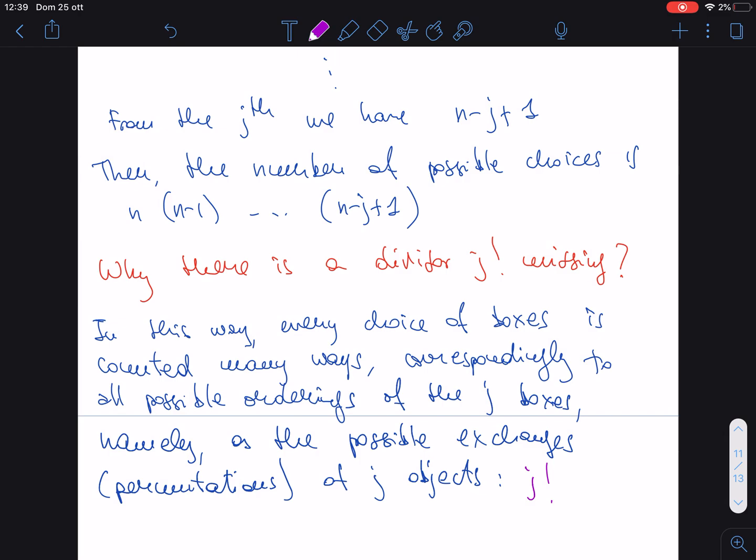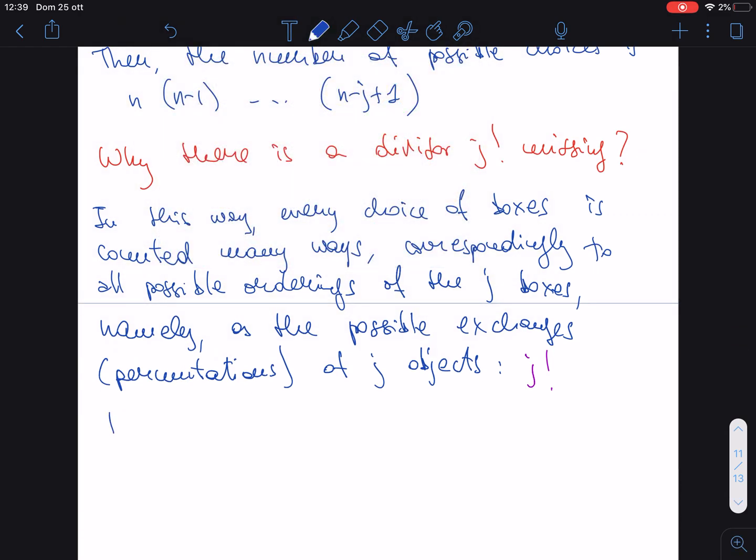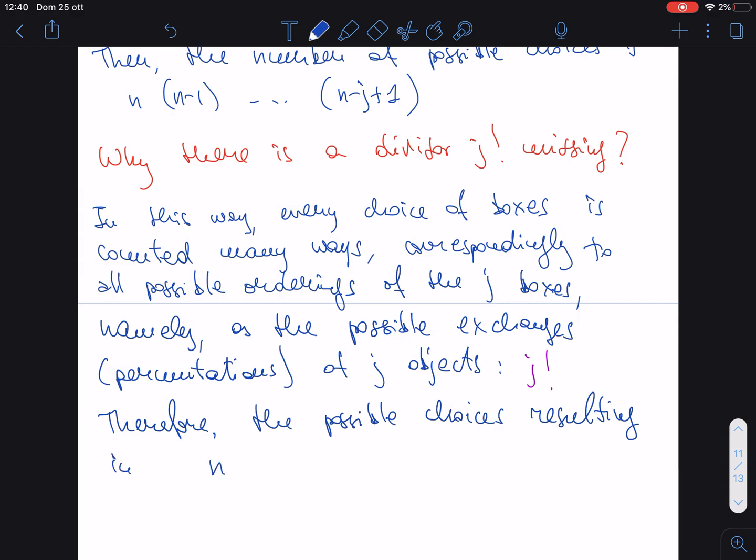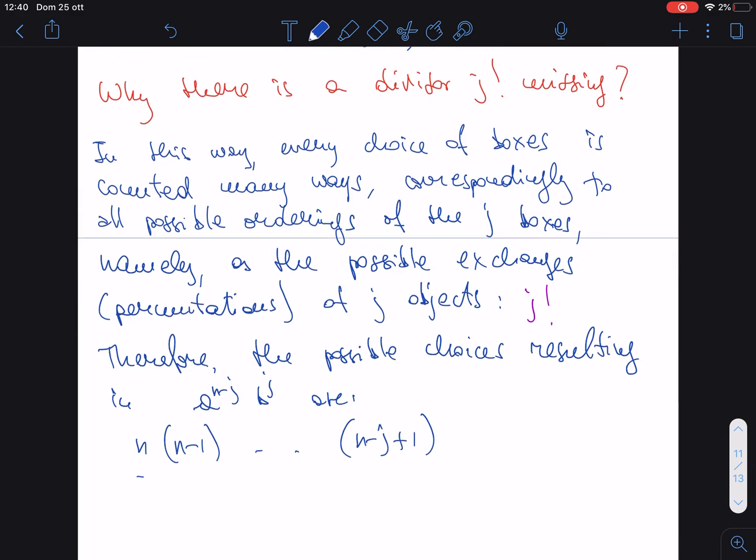Since we overcount by a factor j factorial, therefore the possible choices that give the result a to the n minus j b to the j are n, first choice, n minus 1 up to n minus j plus 1, divided by j factorial, and this is exactly the binomial coefficient n over j.